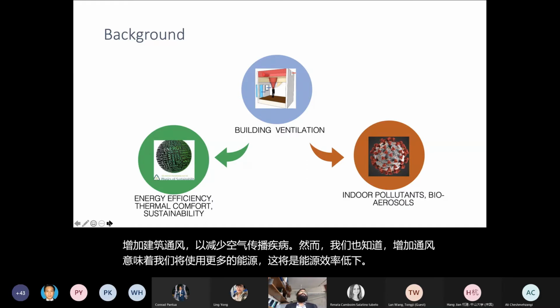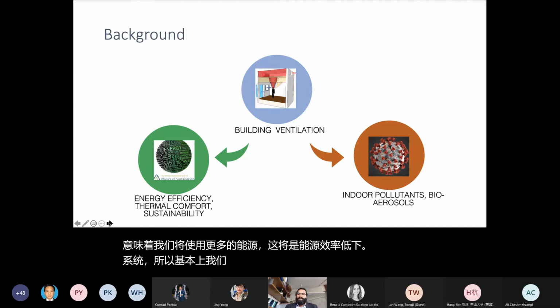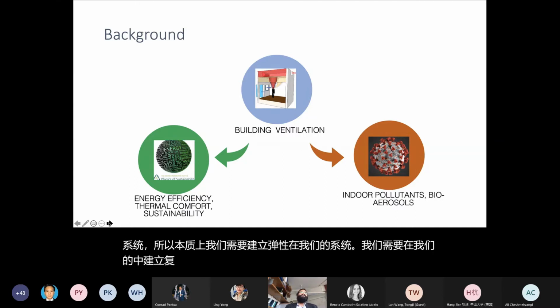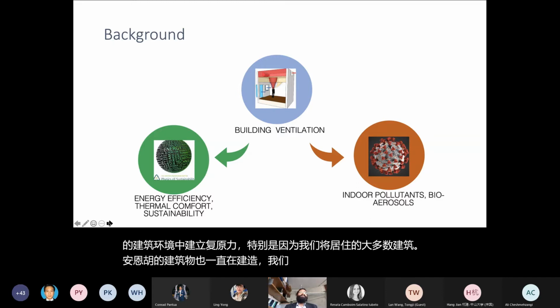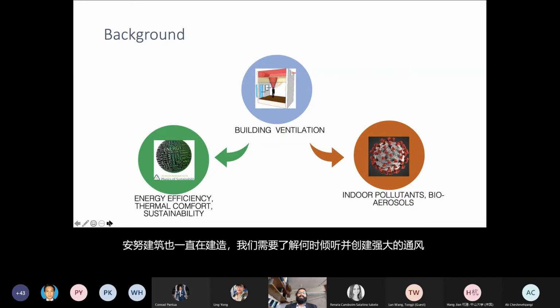So essentially, we need to build resilience in our built environment, particularly because most of the buildings where we will live have already been built. And new buildings are also being built all the time, and we need to understand ventilation and create a robust ventilation strategy to reduce our energy needs.